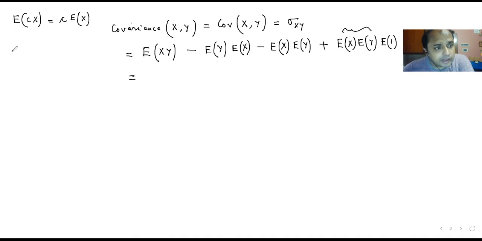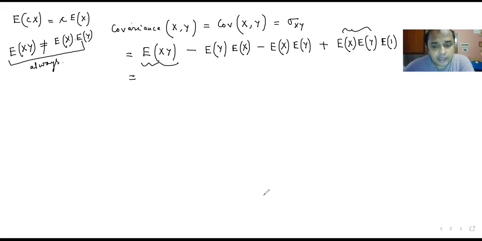Now, this is not always true: expectation of XY is not always equal to expectation of X into expectation of Y. Under some special condition, it is true. So we cannot do anything with this quantity, but we can do something with the rest.